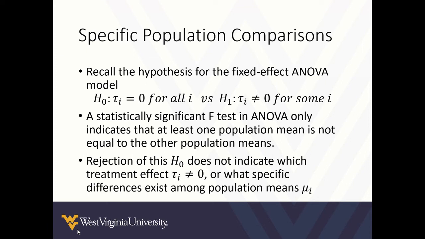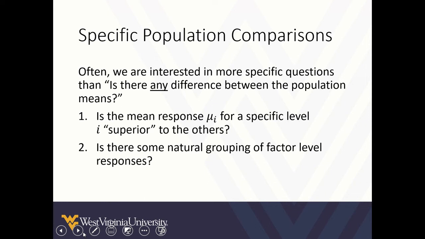Our issue with this is that a statistically significant F-test for ANOVA only indicates that at least one of our population means is not equal to the others. It doesn't tell us which population mean, it just tells us that there is a difference somewhere. And that's excellent to know, that somewhere one of our treatments is somewhat different. But the next question that comes about is, okay, but where's the difference?